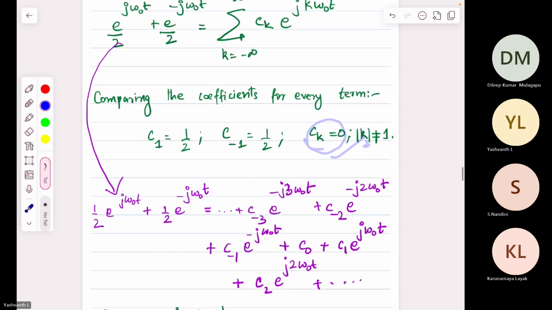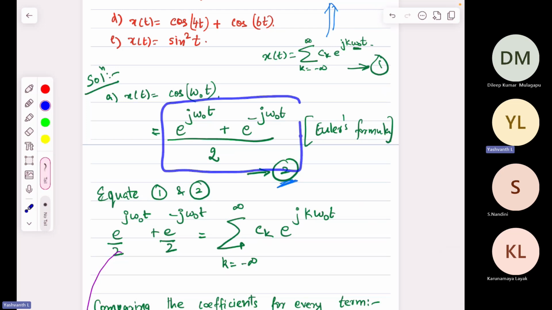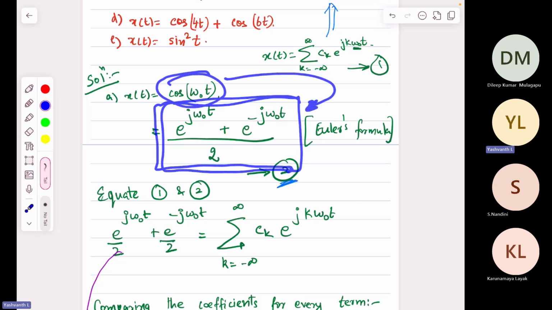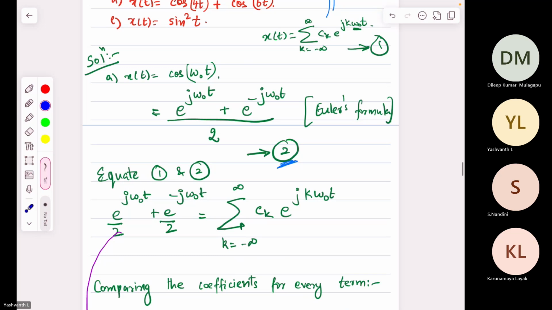So basically, Euler's formula itself is the complex exponential Fourier series representation of cos omega naught t. It just says that the Fourier series will contain only two terms: C1, which is half, and C minus 1, which also has a value half.